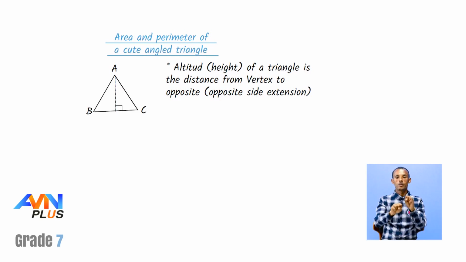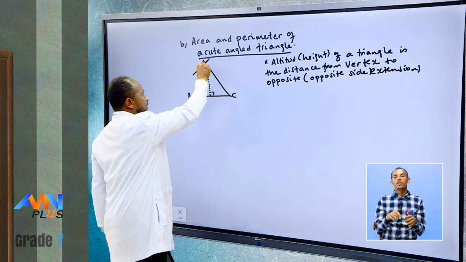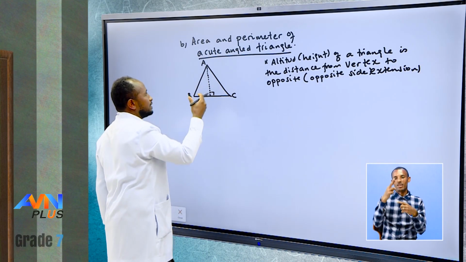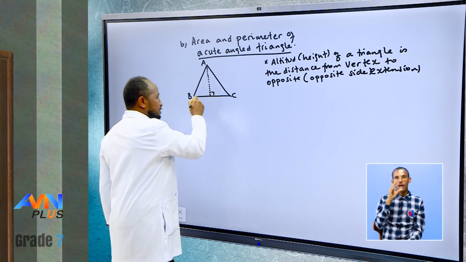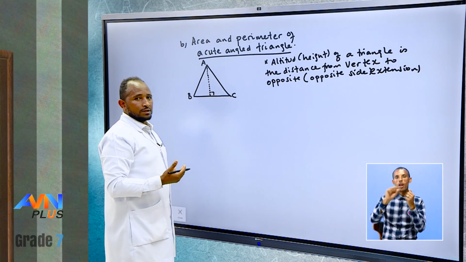So the perpendicular distance from the vertex to the opposite side, we call it the height of that triangle or altitude. And this one is called the base in that case.